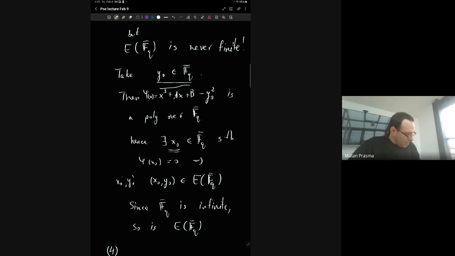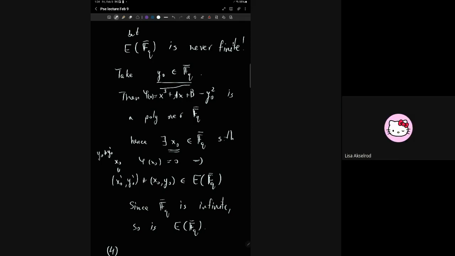Then phi has some root x0 prime. Potentially, x0 prime is the same as x0, but I don't care. As long as y0 is different than y0 prime, then these two points are different. Yes, right, makes sense. Thank you.